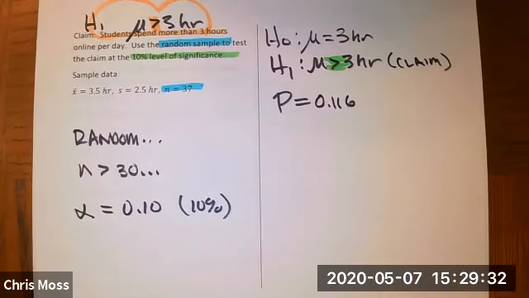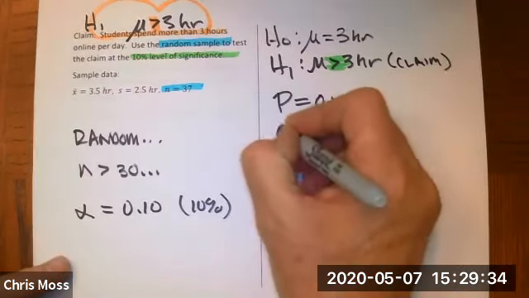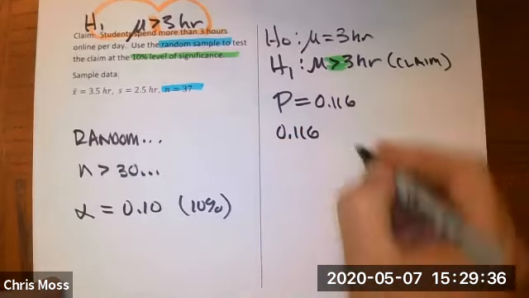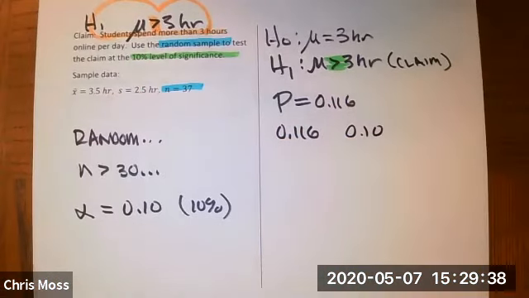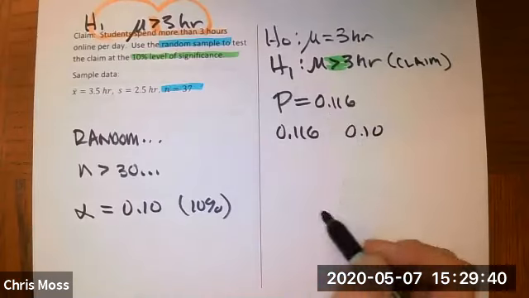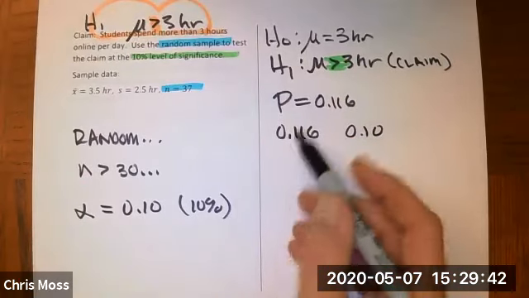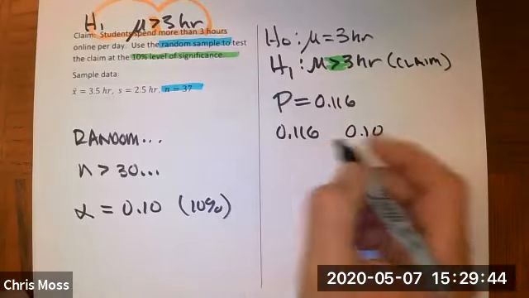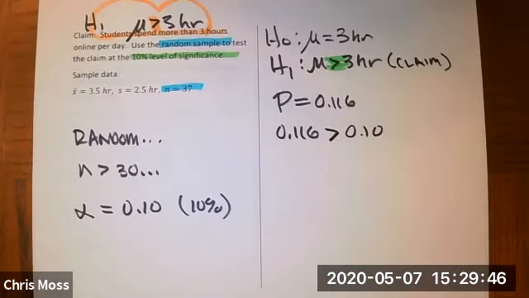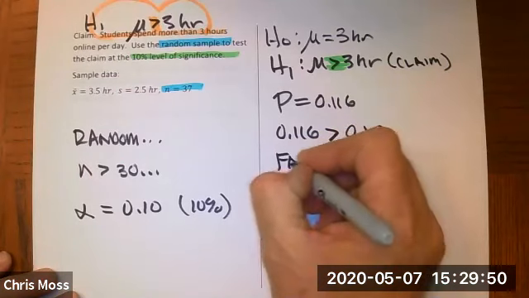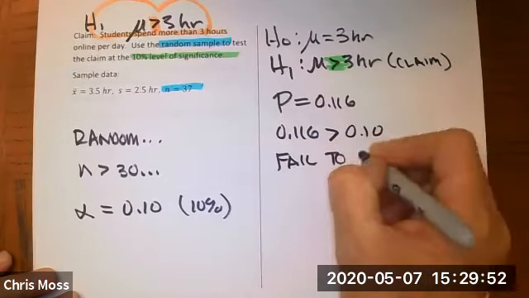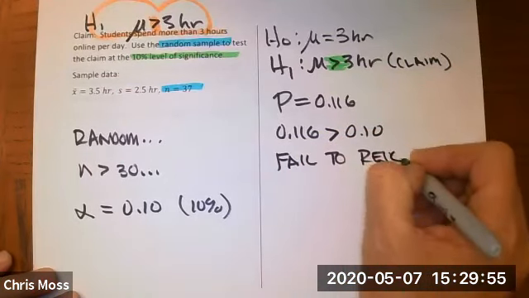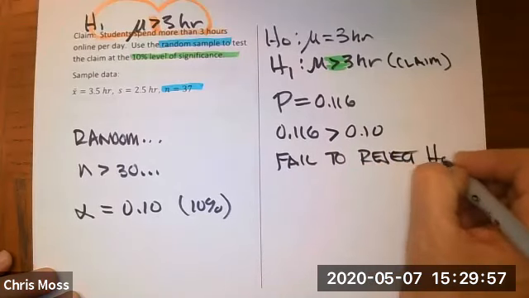All right, so that's the value I must compare with alpha. If this is bigger than alpha, I'm going to keep the null. Less than or equal, I'll go with the alternative. 0.116 is greater than the 0.10. So we fail to reject the null hypothesis.